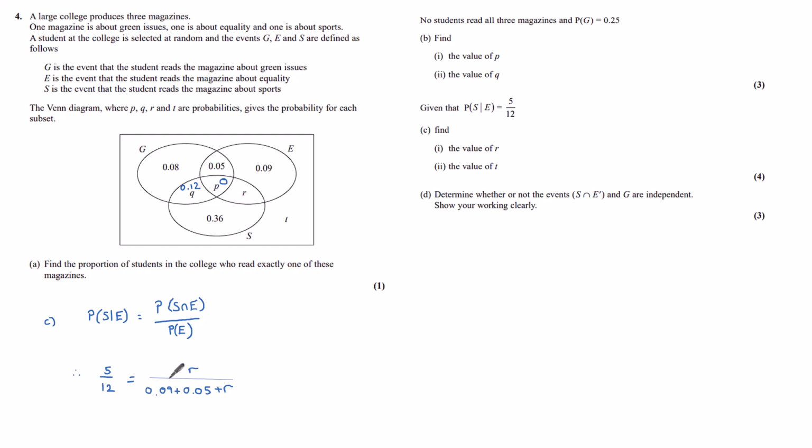If we multiply both sides by 12, and then also multiply 0.14 plus R, so we'll have 5 lots of 0.14 plus 5R is equal to 12R.